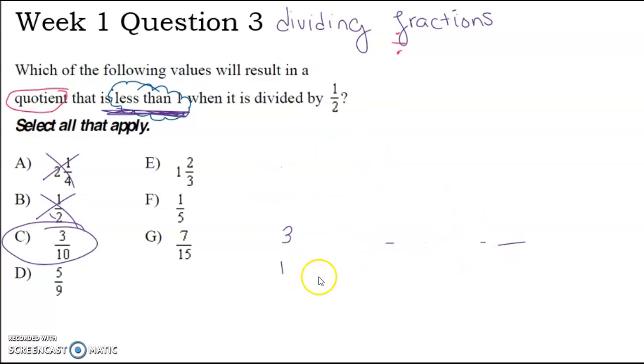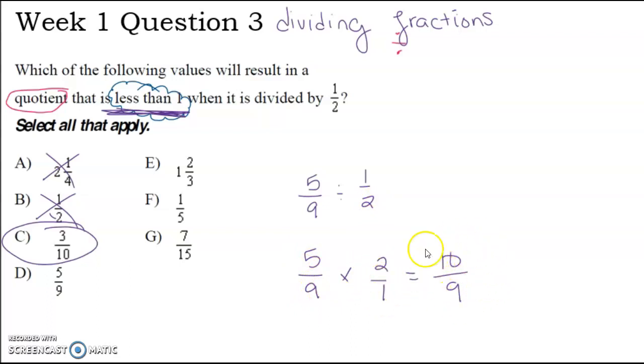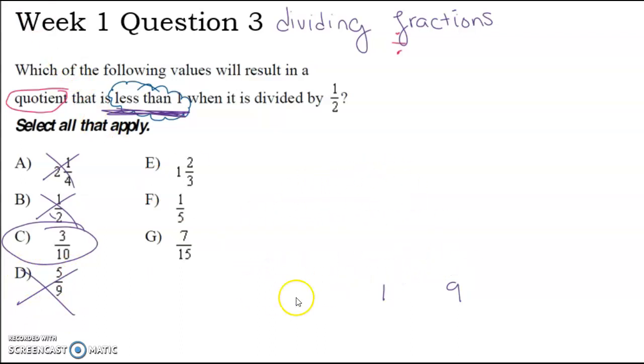All right. 5 over 9 divided by 1/2. Keep, change, flip. I know that this is an improper fraction because 10 is greater than 9, so it's not going to be less than 1. Again, I am sorry if I am going too fast, you just slow down.